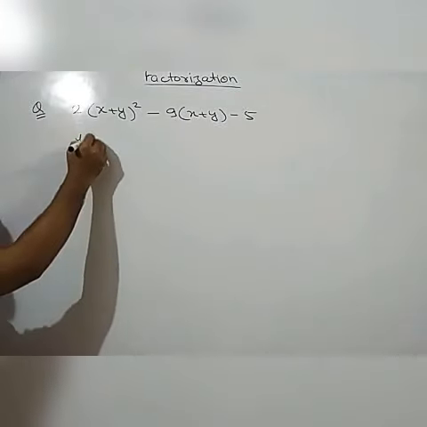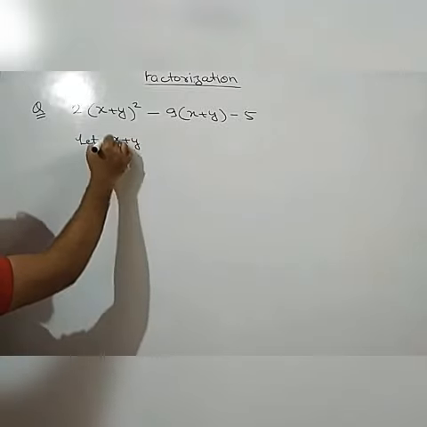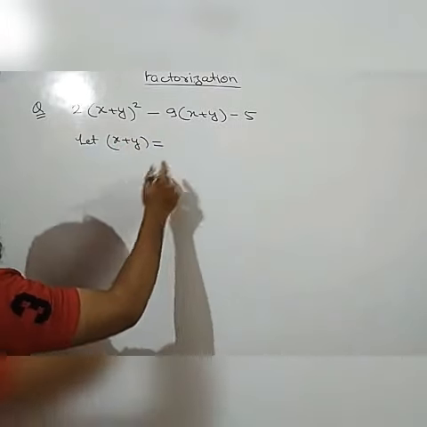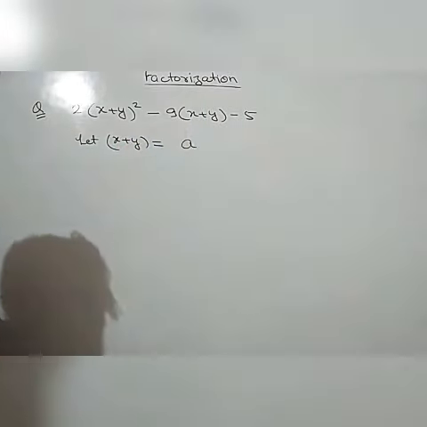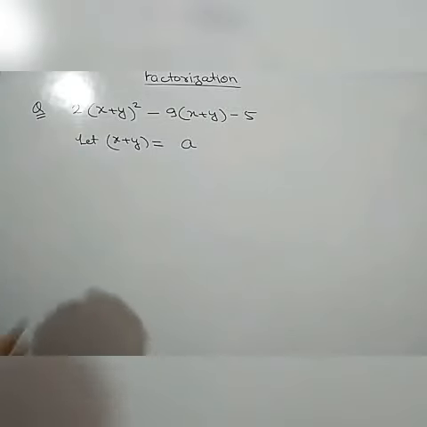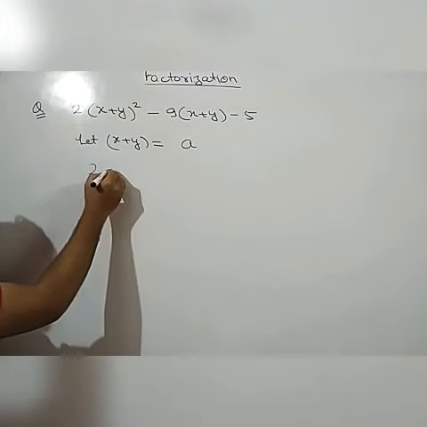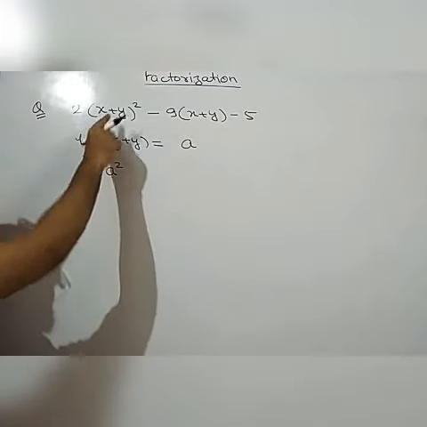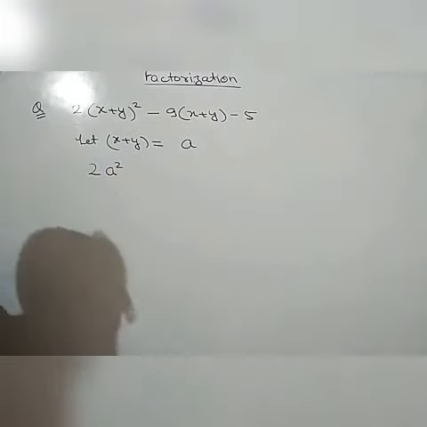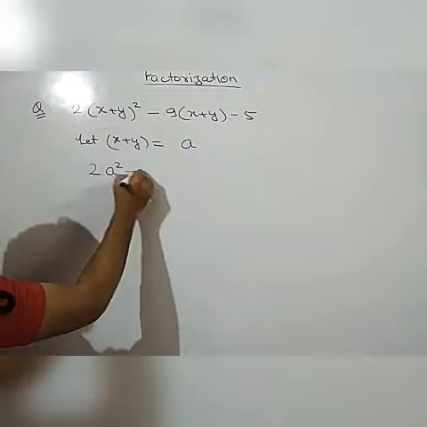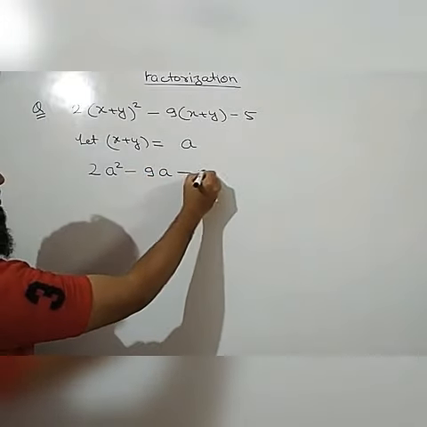Let x plus y is equal to a. Then what will be the equation? The equation will be converted as 2a square, because in place of x plus y we have put a. So it is 2a square minus 9a minus 5.